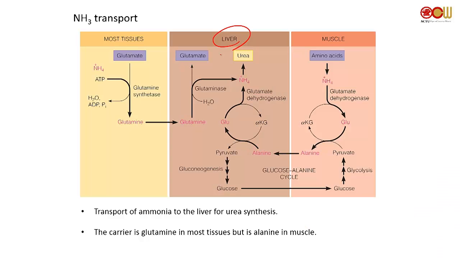Ammonia 不可能在你血液里面在那边飘，right? 不 OK. So ammonia in most tissues first gets converted into glutamine. Glutamine is an amino acid, so it can travel normally in your bloodstream, and that's okay. In muscles, you have your ammonia reacting with alpha-KG, making glutamate, and then glutamate can pass the amino group onto pyruvate to form alanine.